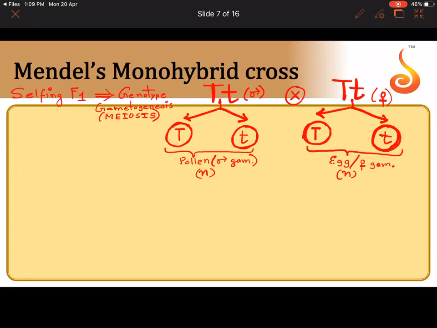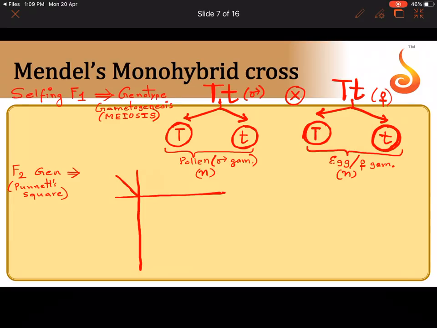To show the next generation, once the pollen and the egg fuse, we have to show a Punnett square board. You all know how to form a Punnett square board. We will take a row and a column, left column and first row on top. We will divide the corner into two halves like this.